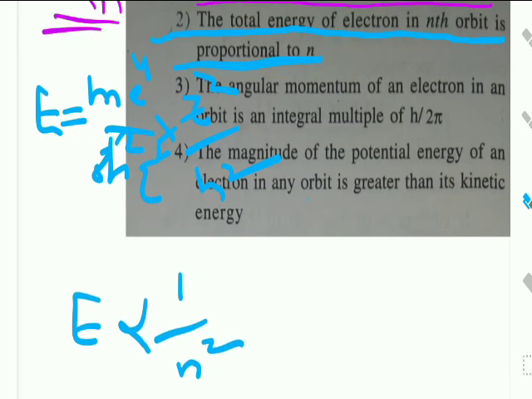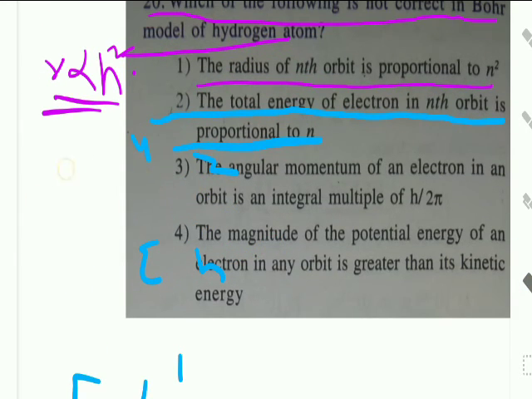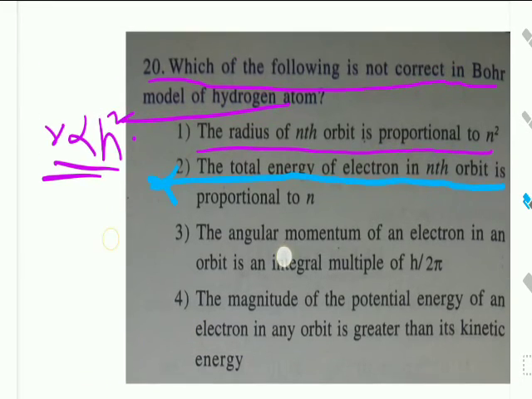So here E is inversely proportional to n square. From this formula, option 2 is wrong. So option 2 is the answer.